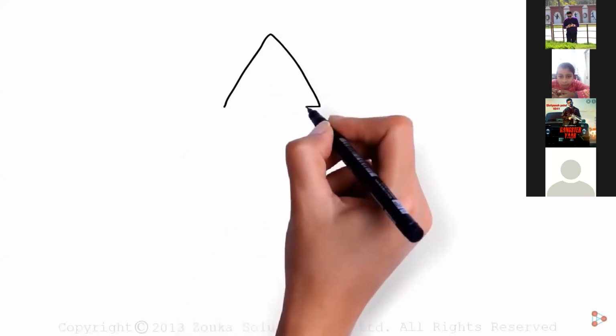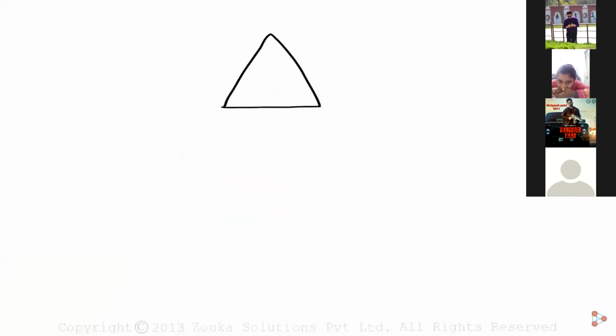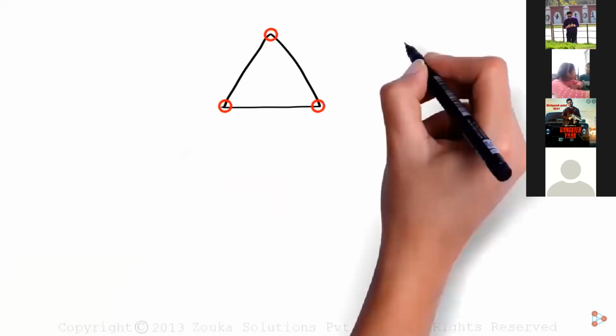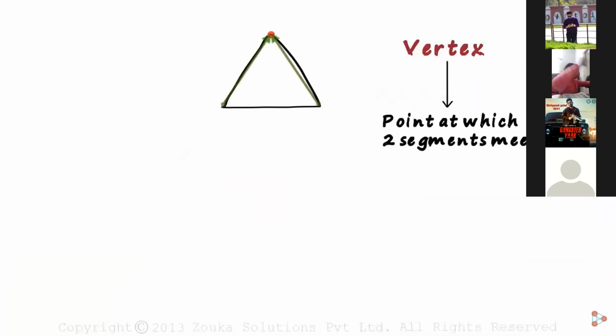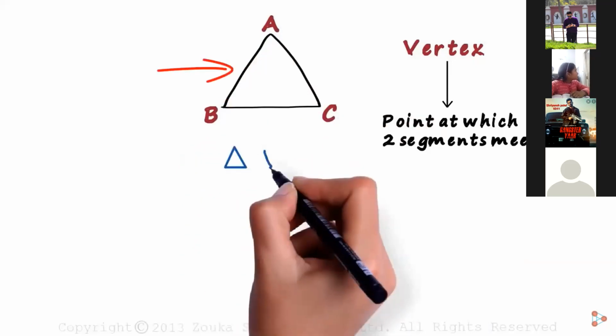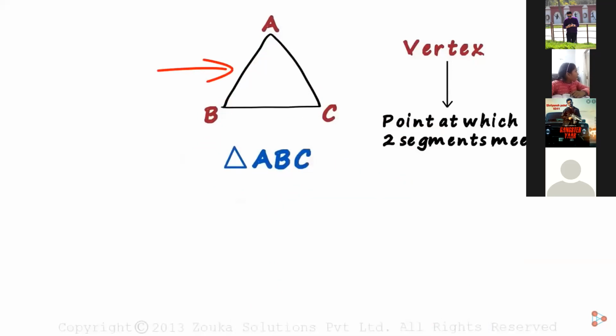It's drawn like this. If you look at the entire figure, you will see 3 points which are called the vertices. Each point is a vertex. A vertex in a closed figure is simply a point at which two segments meet. And to name the triangle, all we have to do is name the vertices. Let's name them A, B, and C. This triangle will be called triangle ABC.